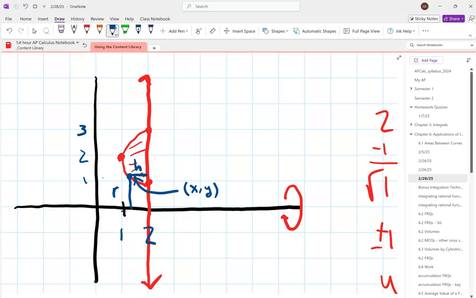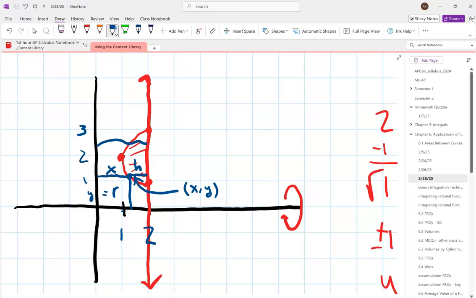Now, that y is going to be the same as my radius distance, because when I plot a point, I go x over and y up, correct? The radius is just up from the x-axis to the point. That's just a y coordinate. Does that feel okay? And I know that this distance from the y-axis over to the point, that's my x coordinate.